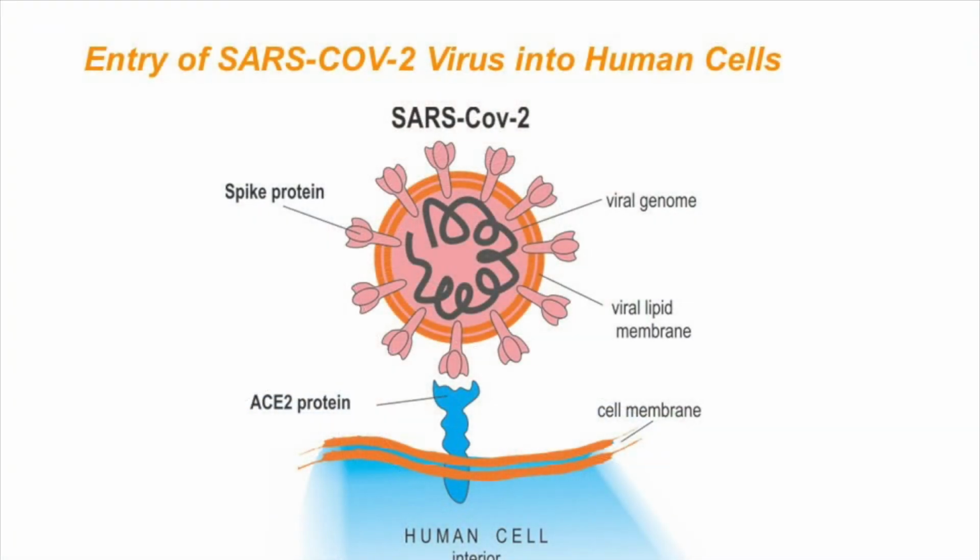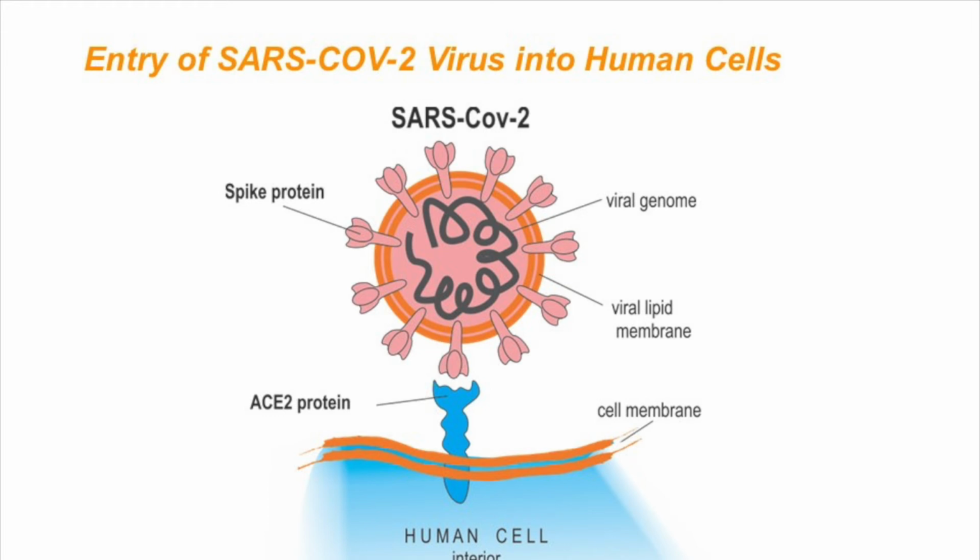There's a viral genome at the center, a lipid membrane around it, and then the spike proteins that look like triangular rocket-shaped tops, and they seem to match the human cells' ACE2 proteins, which have receptors that accept the spike proteins that come from the SARS coronavirus.